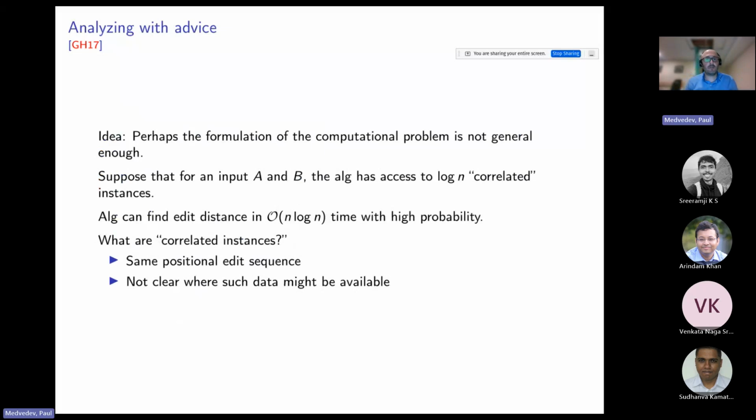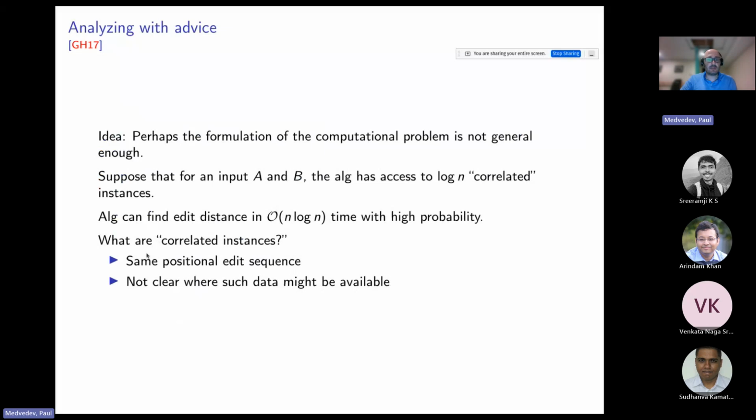There's the idea that, well, if you have an input A and B, and let's say you also have access to log n correlated instances, then there's an algorithm that can find the edit distance in n log n time with high probability. So this would be great, of course, but correlated instances in this case, it's not clear how you would really get that in practice.